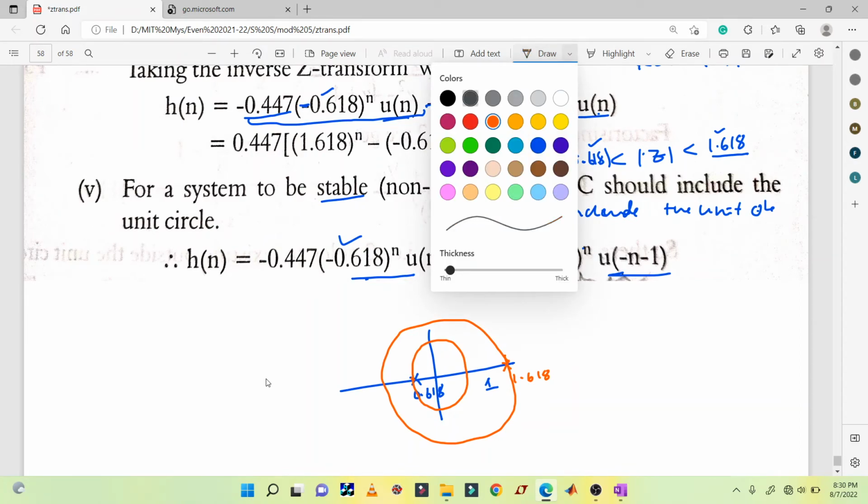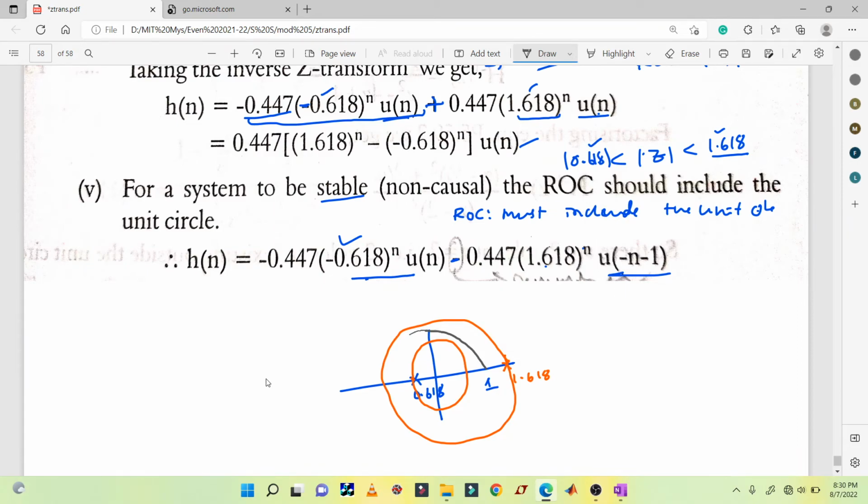Let me draw it again, the unit circle. So if I draw a unit circle like this, the ROC should include this unit circle. So the ROC must be greater than this circle and lesser than the second one. So at this point, the ROC is outside 0.618, whereas it is inside 1.618. So the pole corresponding to this will be a right-sided sequence, and for this one it will be a left-sided sequence.